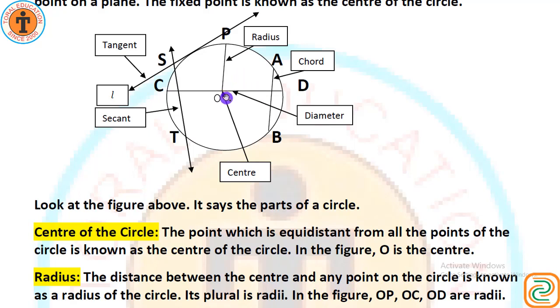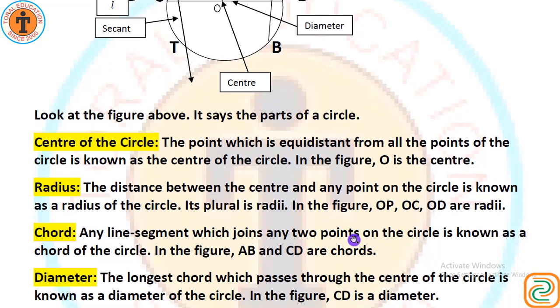This is the center, this is point A. If you measure this distance, this is the radius. O is the center, D is on the circle, so OD is a radius. Here I have given OP, OC, OD are radii. Radii means the plural of radius.